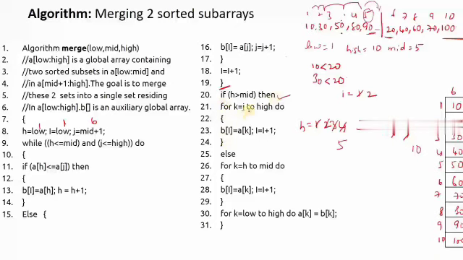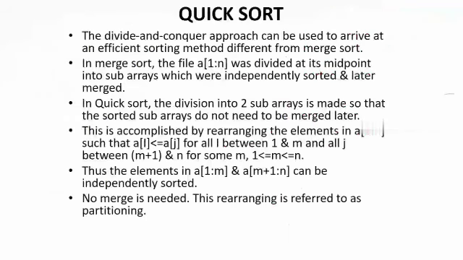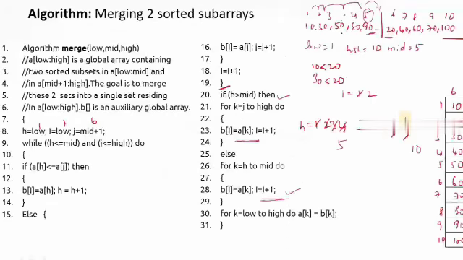If h is greater than mid, then for k equals j to high, whatever elements are there, you can directly place all of them. Else for k equals h to mid, that means h to mid, this one. So whatever elements are there, you can directly place. So like this if you proceed, you will get all the elements in the B auxiliary array in sorted order.